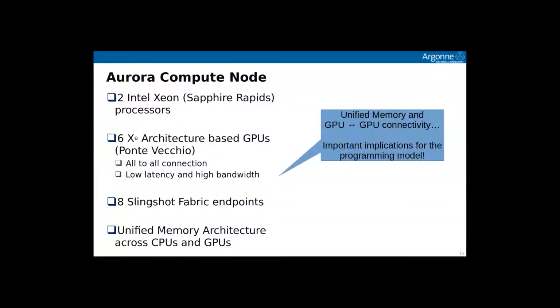It's worth zooming in on the compute node for a moment. As I mentioned, it will have CPUs and GPUs. The GPUs are connected together using a low latency, high bandwidth interconnect on node. In addition, the architecture features a unified memory subsystem, allowing memory to be addressed across both the CPUs and the GPUs. And this has important implications for our programming model.